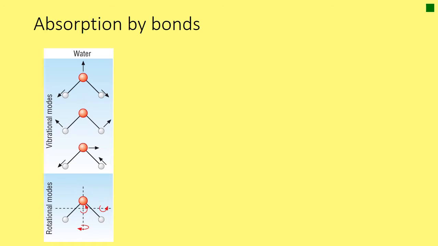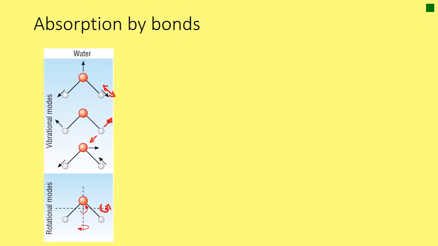As you can see from this diagram, the bonds can stretch and then they can stretch back, and that takes energy. And then they can also vibrate this way and back that way. And they can also rotate, as you can see in these curly diagrams. They're rotating around. And that movement, whether it be vibrating or rotating, takes energy.